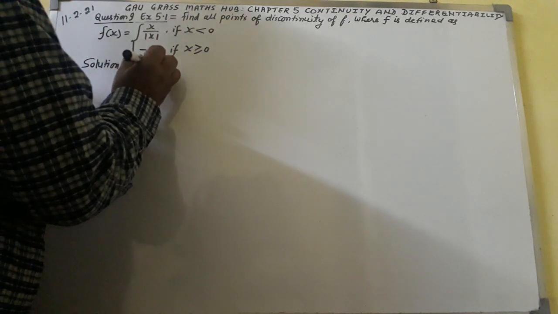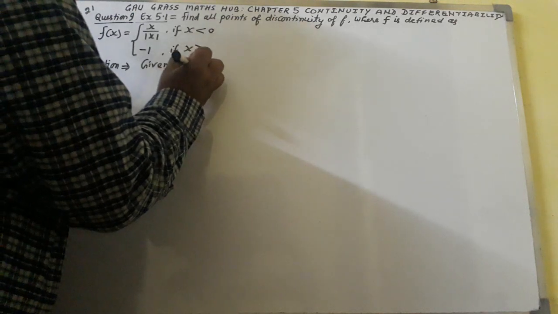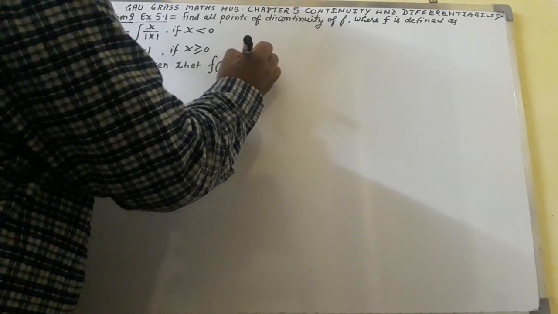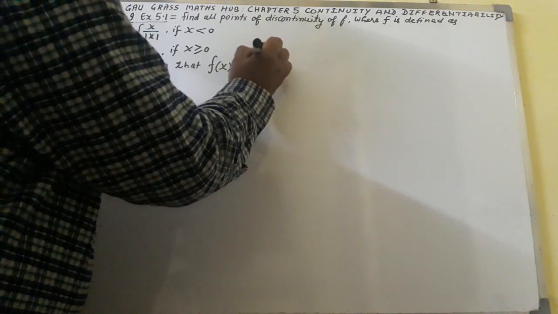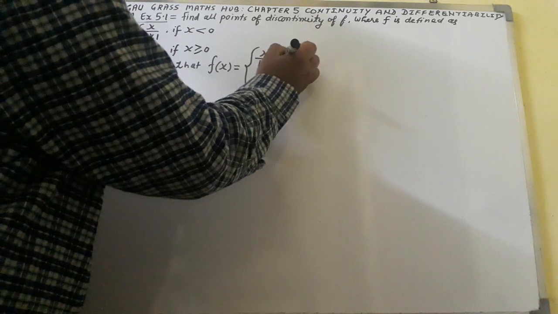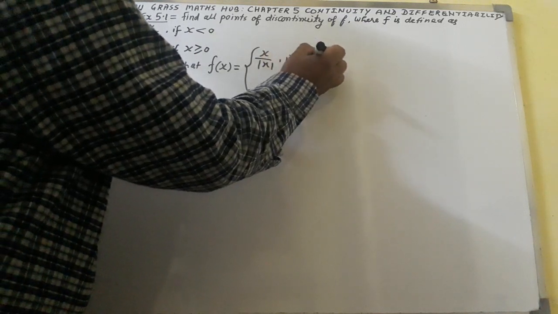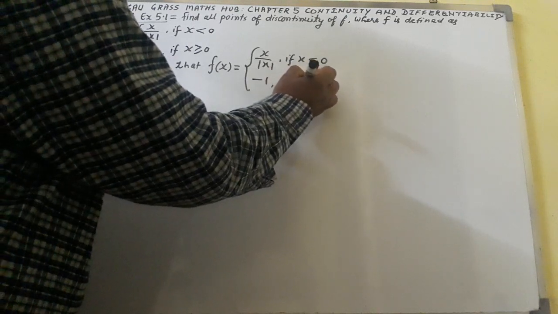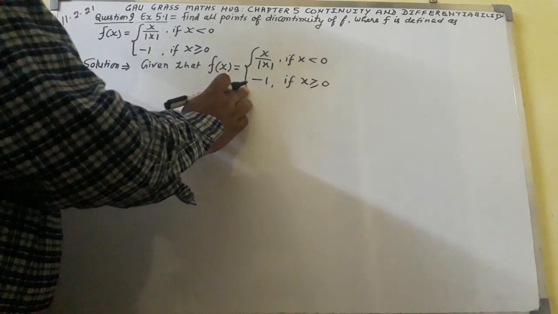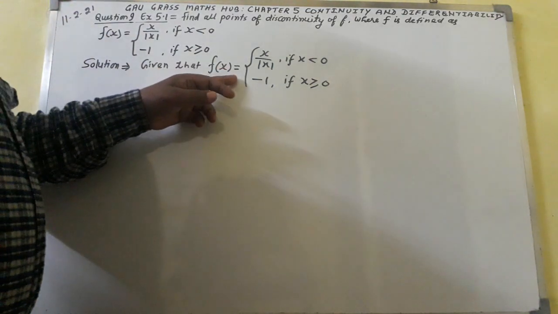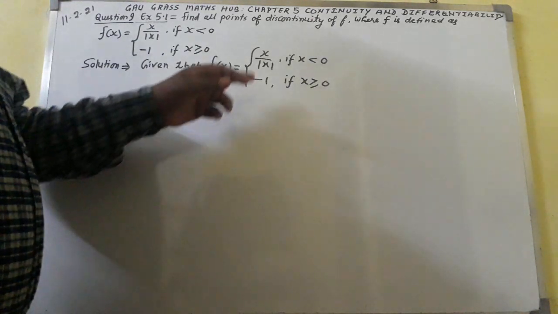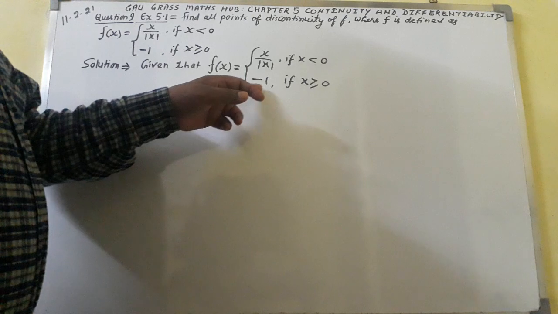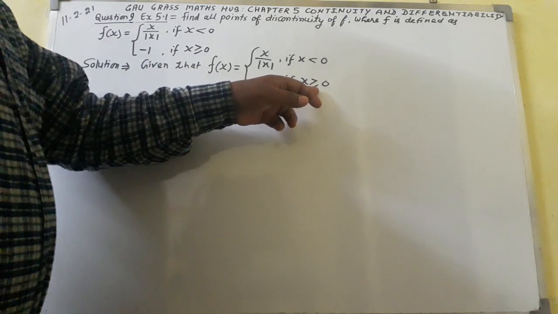Given that f of x equal to, in curly bracket, x over mod x, if x is less than 0, minus 1, if x is greater than or equal to 0.